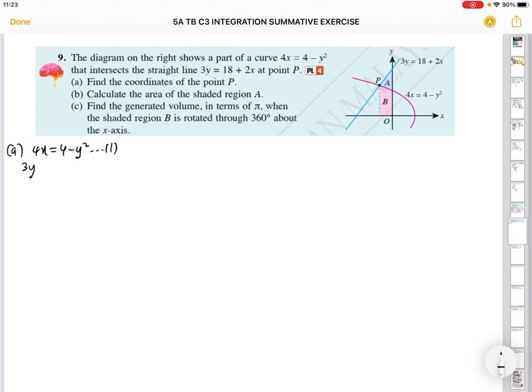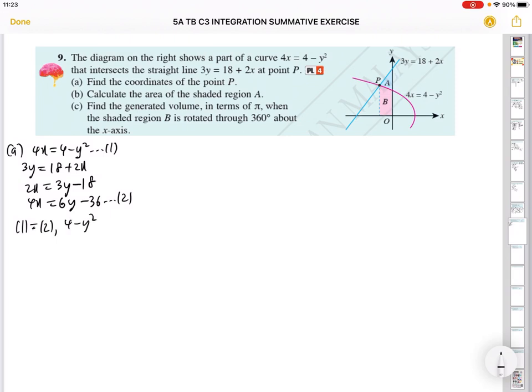Maybe I rearrange it. I will just write 2x equals 3y minus 18. I just multiply by 2, so 4x equals 6y minus 36. You can use substitution or elimination, up to you. I will just take 1 equals 2. They are equal, so 4 minus y squared equals 6y minus 36.